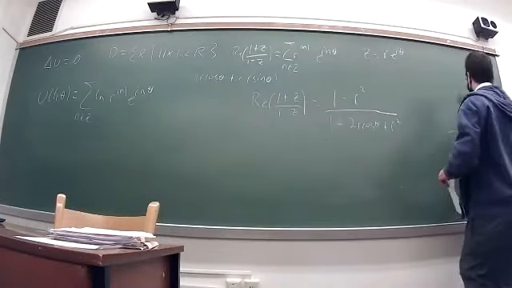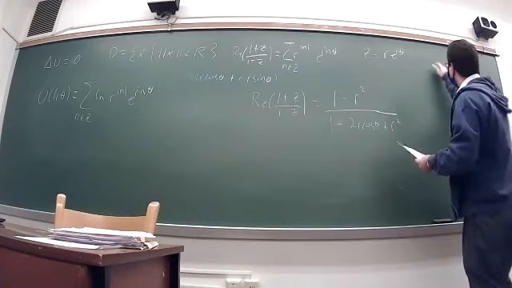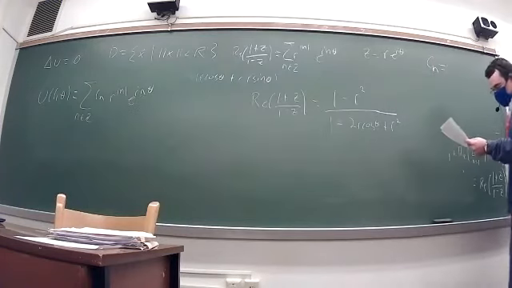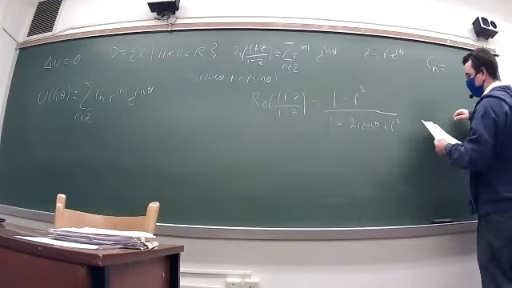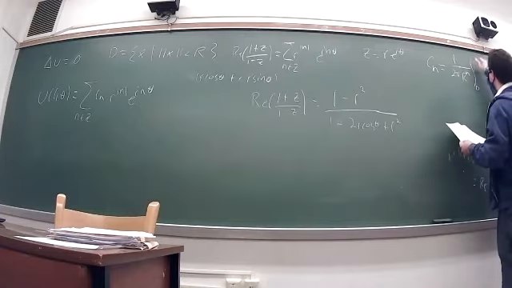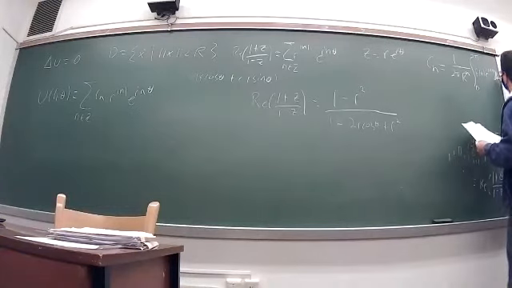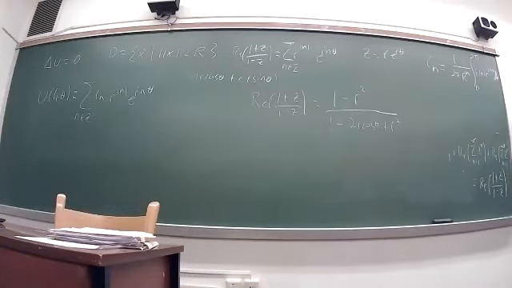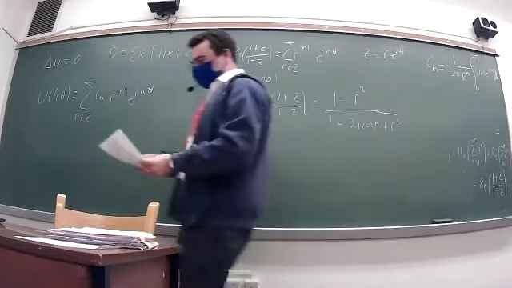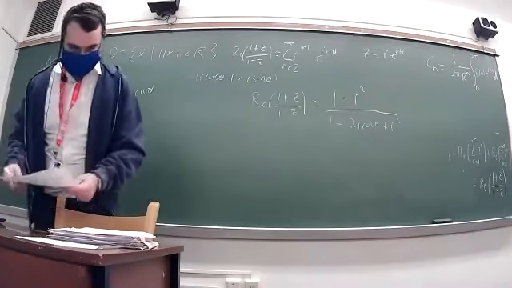So C_n is just what it is, right? Did we figure this out to be 1 over 2 pi capital R to the n times this integral, f of theta e to the minus i n theta d theta? Yeah. So just to be clear, that's C_n.